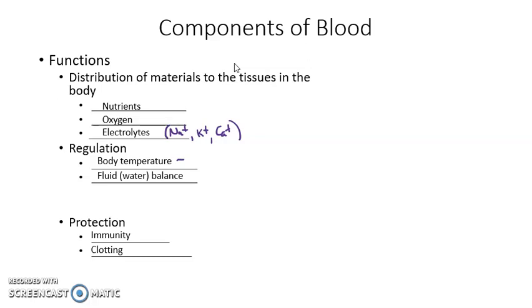Fluid or water balance, this is important not so much for the whole body, but for individual tissues. And I'll show you a kind of disturbing slide actually, that shows what happens when this fluid and water balance goes off in tissues. I also want to make sure that everybody understands that your blood is really the second line of defense for keeping germs out and making sure that they don't colonize the body.